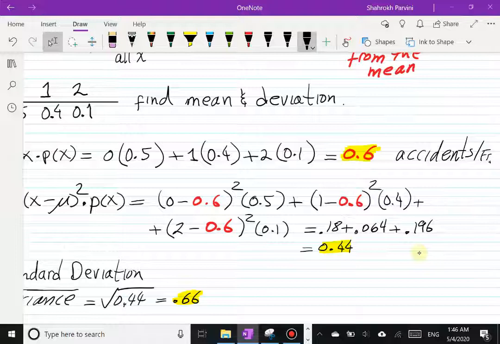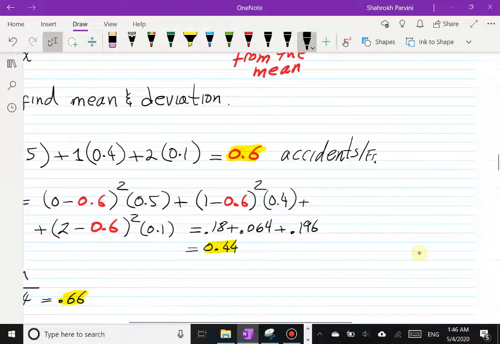Now, how can I have 0.6 of an accident? Which we can't. So we can actually turn this into a whole number. If I think of it this way, this is 6/10, right? 0.6.